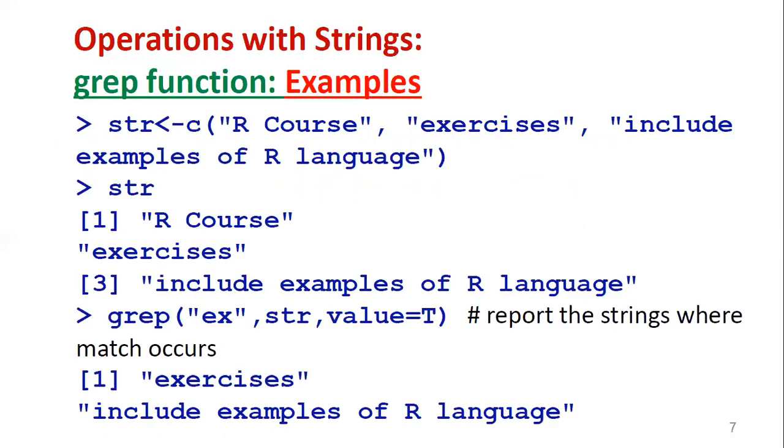First, you can define a character vector and name it str. Here, the vector contains R course, exercises, include examples of R language. So three strings are stored in the vector str using c, combine. Then whenever you call str, it displays the strings as usual. Now by using grep, we are using the pattern ex, comma, the vector name str, comma, value equal to TRUE.